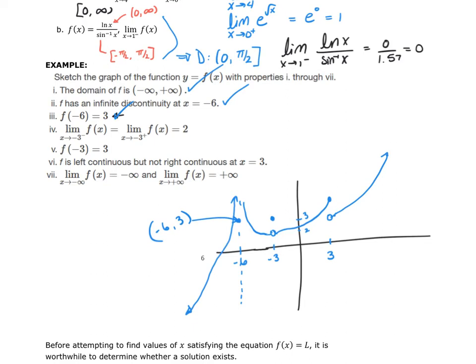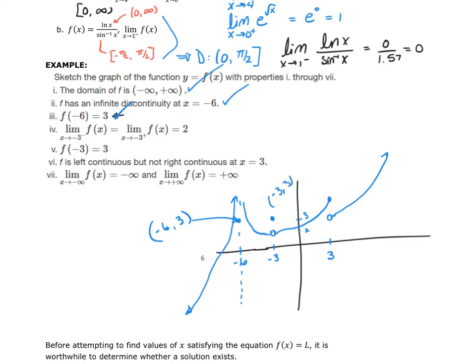As x approaches -3 from the left, and as x approaches -3 from the right, the limit exists, and it is 2. So that is this part. At f of -3, it is 3. So that's that ordered pair right there, -3 comma 3.